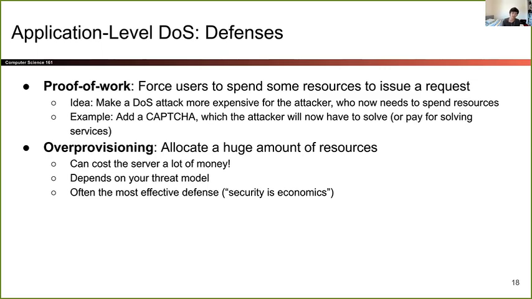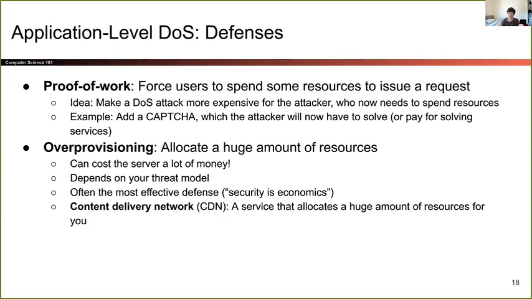But for most attackers, this is often going to be the most effective defense. This is where you consider security as economics. You really just need to make it expensive enough that they're going to DOS someone else instead of you. So if you're willing to pay money, they're probably not going to be willing to pay that money and they'll go elsewhere. So it's really embodying the idea that paying for more expensive security makes attacks more expensive.